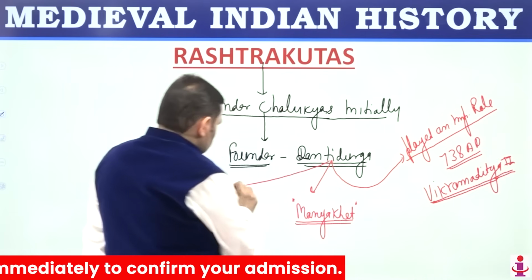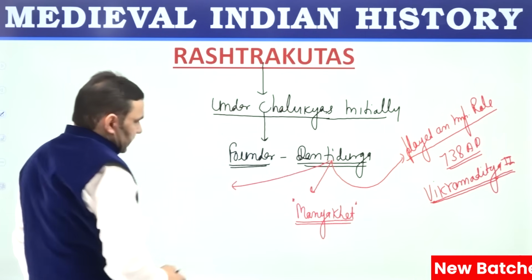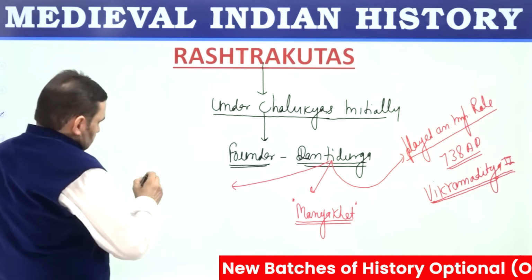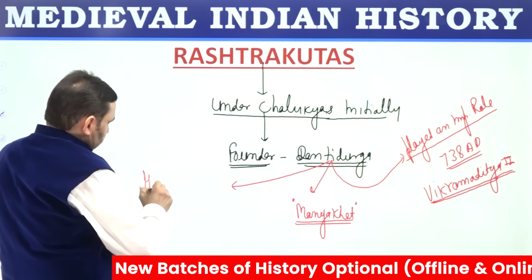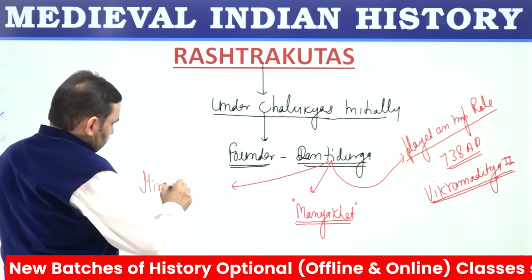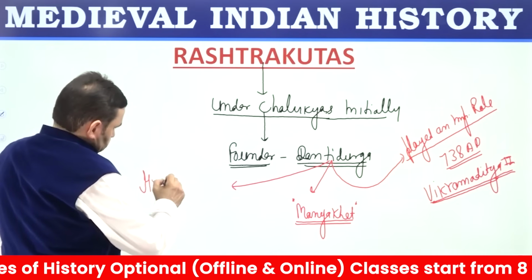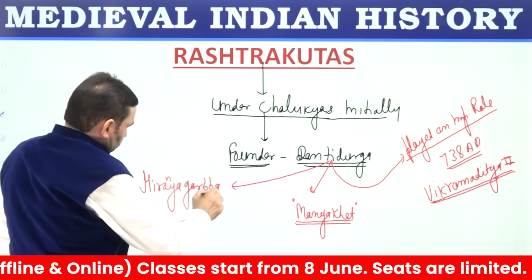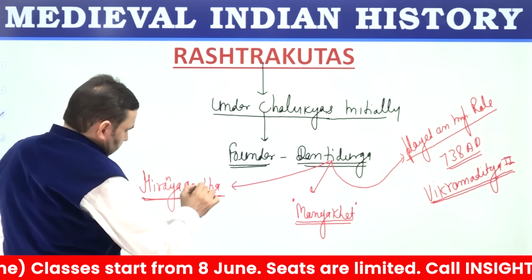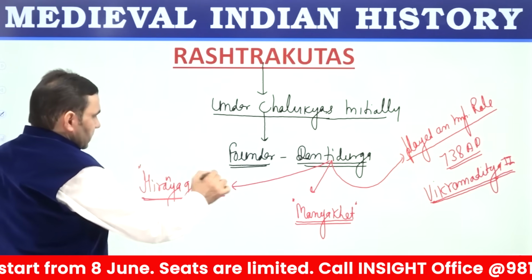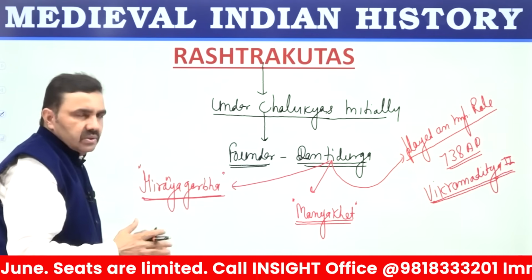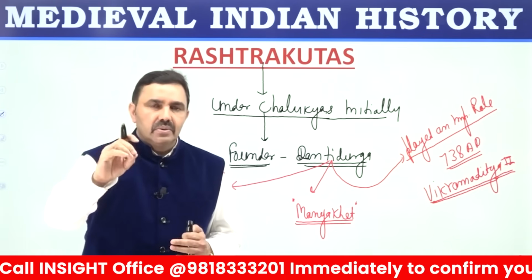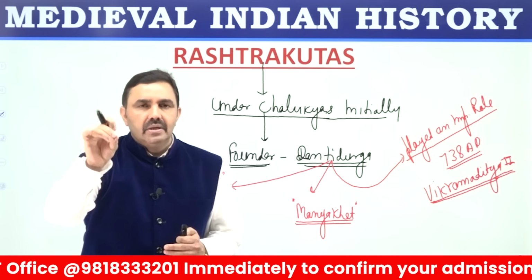He performed a sacrifice. Sacrifice means you can say Havan or Yag. And the name of this sacrifice was Hiranyagarbha. Hiranyagarbha sacrifice means a sacrifice or a kind of yag in which gold is offered to god fire or gold is put in fire.